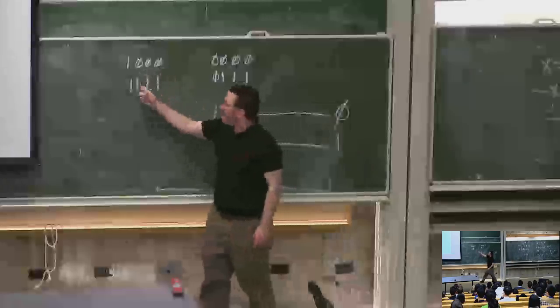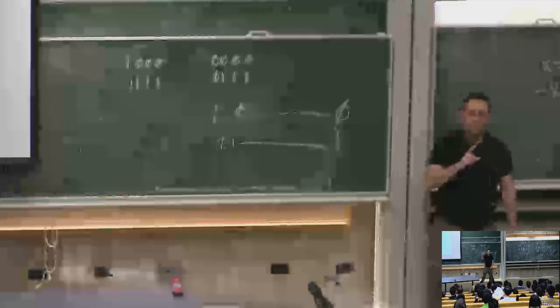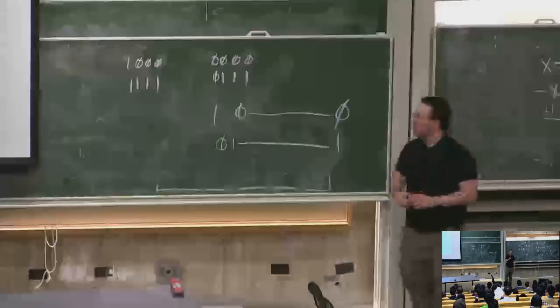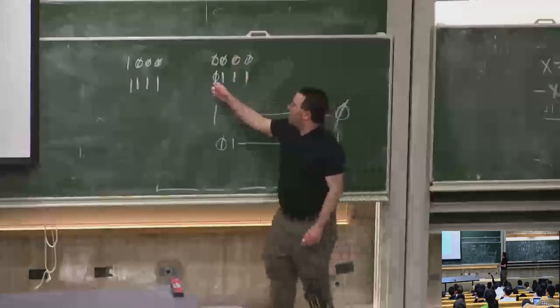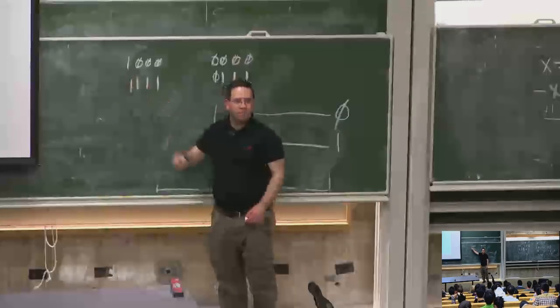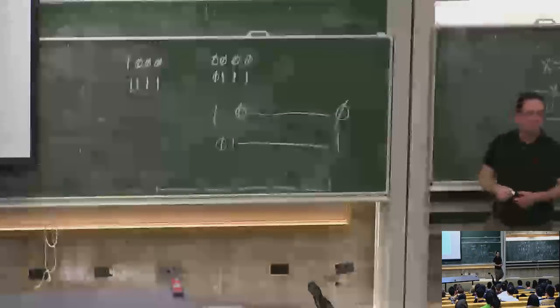I know this is the most negative number because anything I add to a negative number brings it closer to 0. I know that this is the most positive number because if I add 1, it wraps around to negative. Does that make sense?